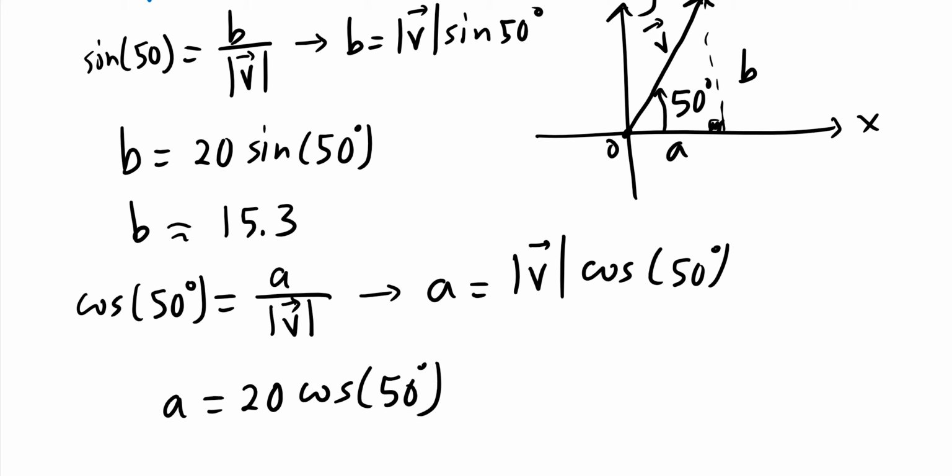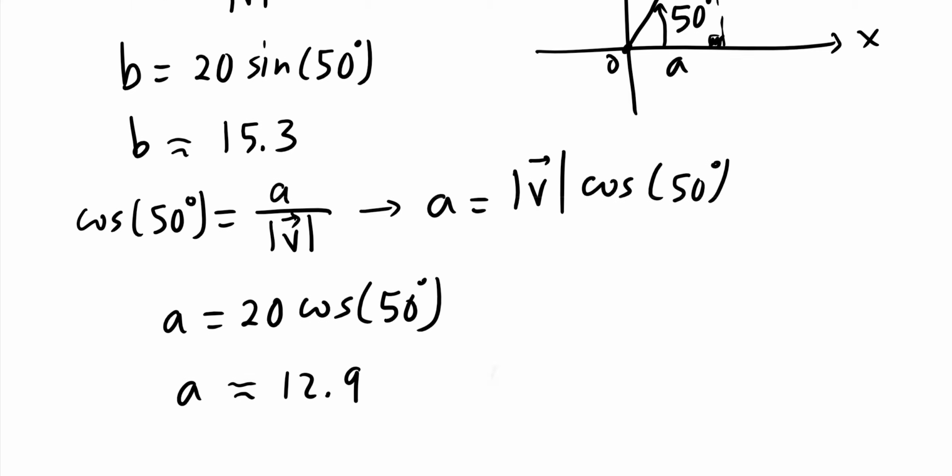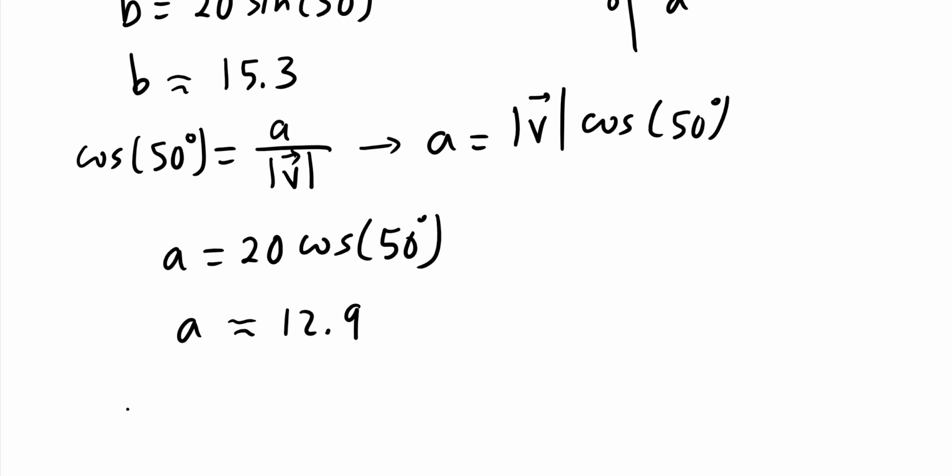That gives us a is about 12.9. Now, how do we finalize it or write v in terms of i and j? Vector v equals 12.9i for the x component, and the vertical component was 15.3j.